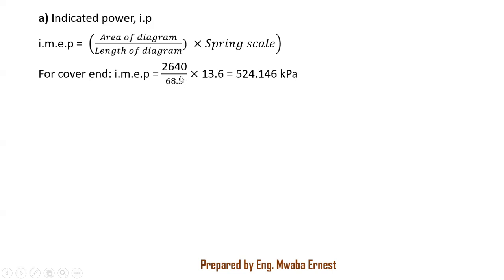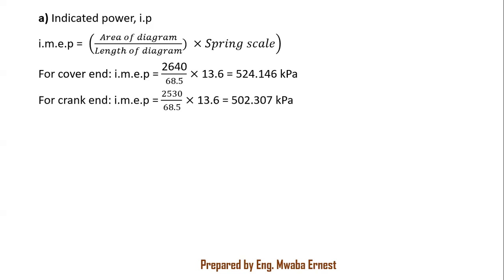The length of this diagram is 68.5. The spring scale is 13.6 and it's constant because we're dealing with the same spring. From there, we multiply by the spring scale. The value we're getting is now in kilopascals. So we have 524.146 kilopascals.